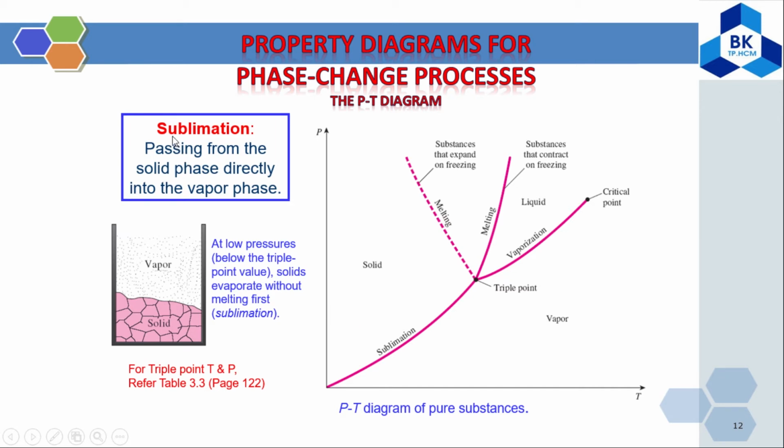So sublimation means passing from the solid phase directly into the vapor phase, not changing to the liquid phase. And the triple point here, that means for every substance we got a triple point.